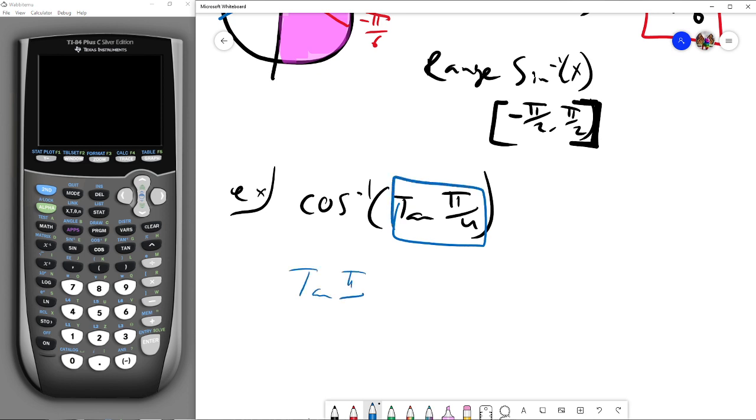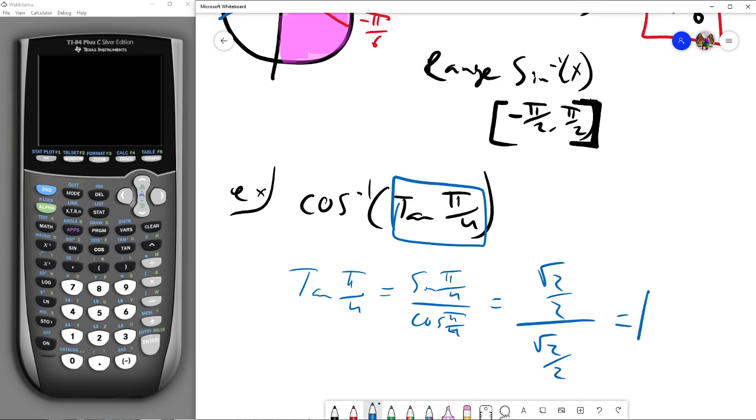Tangent of pi/4, that's the same thing as sine of pi/4 over cosine of pi/4, which is the same thing as root 2 over 2 over root 2 over 2, which is the same thing as 1. So this is the same question as what is arccosine of 1?